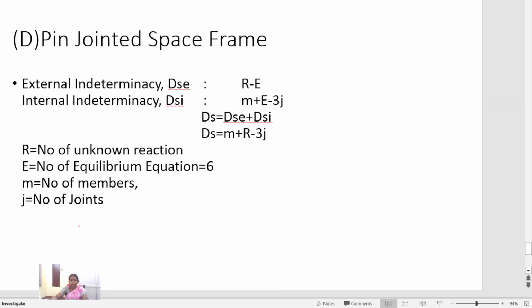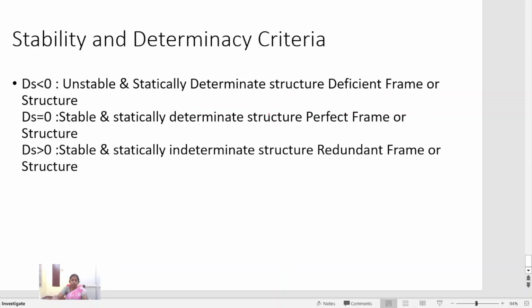Similarly, for a pin jointed space frame, here we are using 3j instead of 2j, and the number of equilibrium equations is 6. And if Ds, that is static indeterminacy, is less than 0, it is unstable; equal to 0, statically determinate.